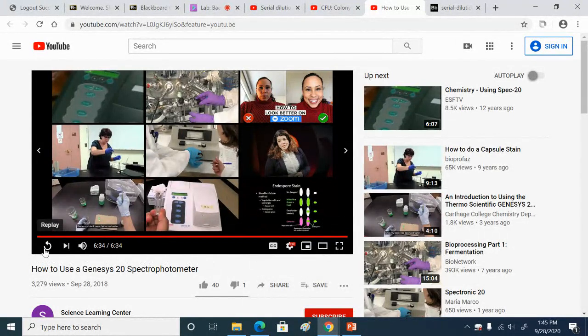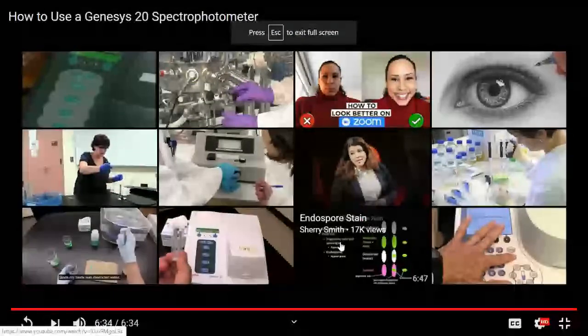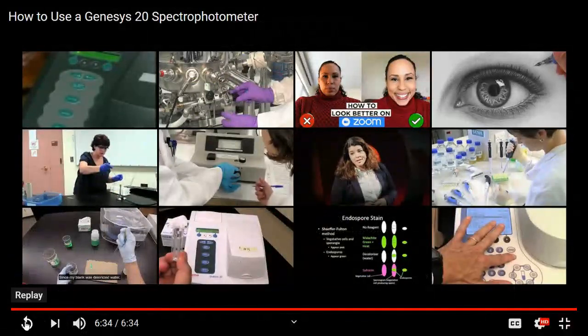And this is just how to use the spectrophotometers that we use at Rockville. So if you took Biology 150, you also use these in 150 at Rockville. And what we're actually going to see in the video, the technician is measuring a chloroplast extract, which is what you did in 150. But we will just watch this just so you can see how the spectrophotometer is used.